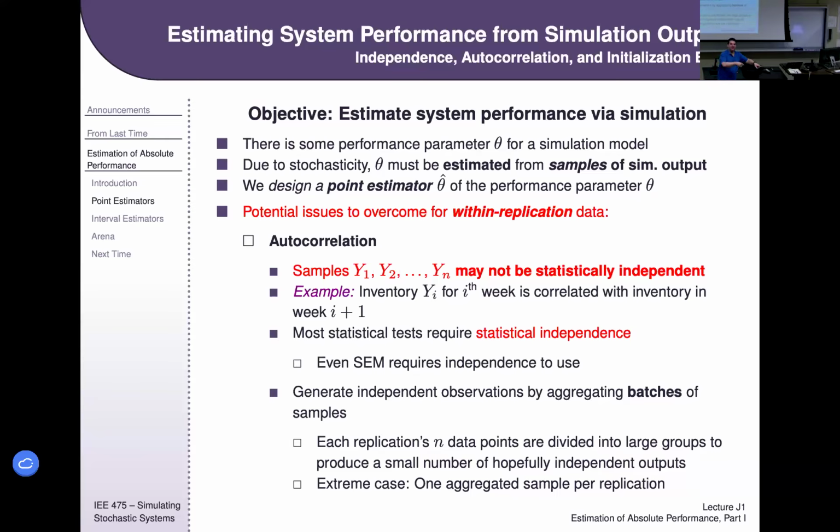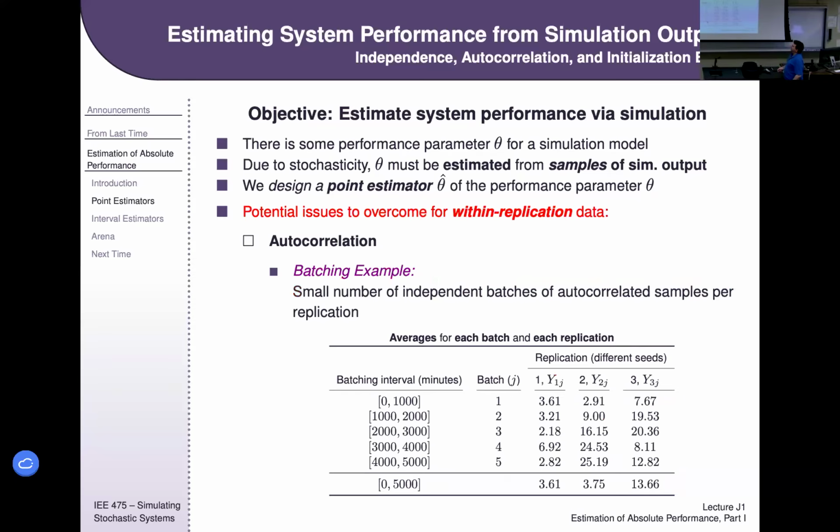If one customer waited for 5 minutes, the next customer is probably going to wait for close to 5 minutes, even if a customer 100 down the line only waits for 2 minutes. Their experiences are often locally correlated. So that's why we can't treat them as independent samples, and we can't use standard error, t-tests, and so on from within a replication.